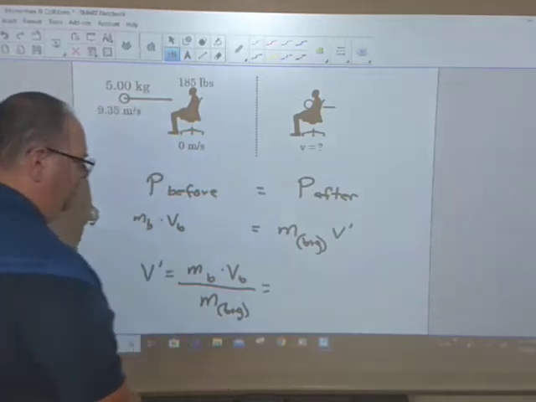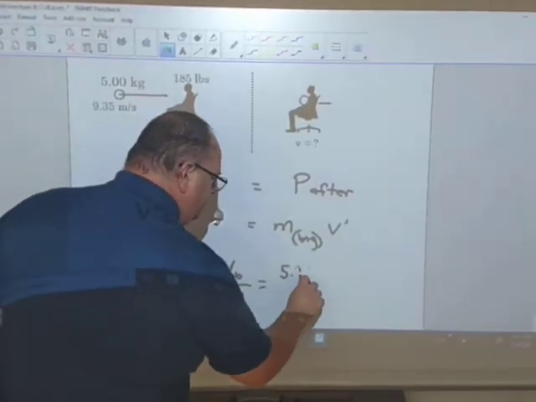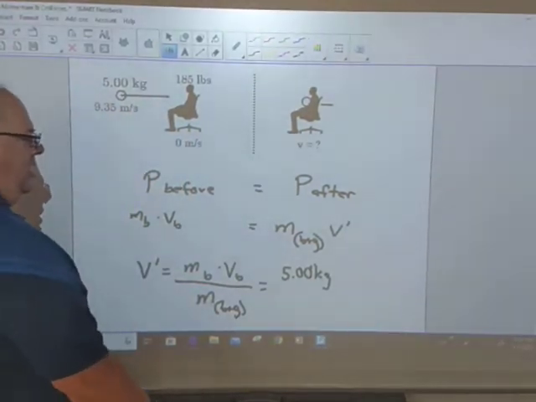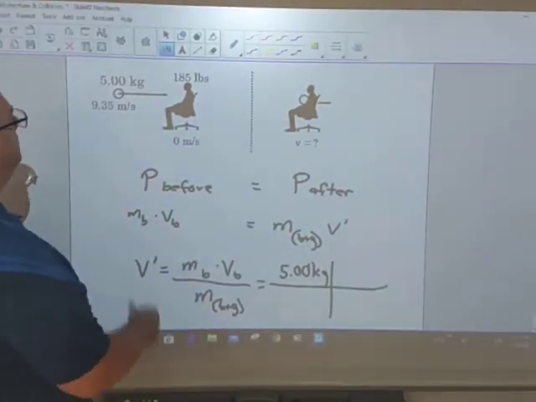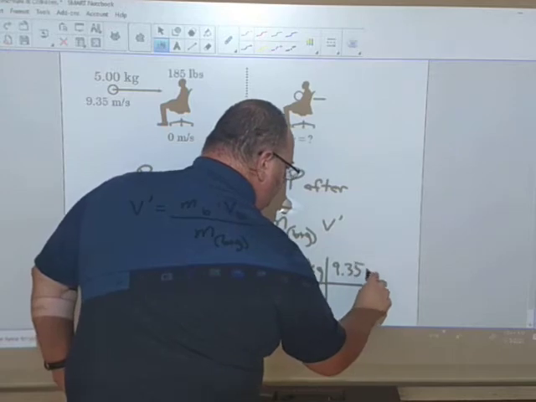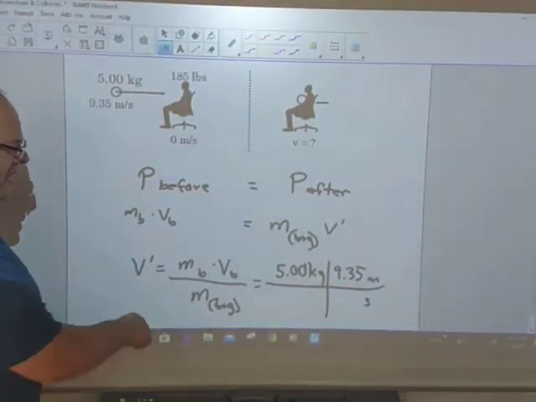Okay. All right, mass of the ball is 5.00 kilograms. The velocity of the ball, 9.35 meters per second. And I got to divide by the mass of the ball plus guy.